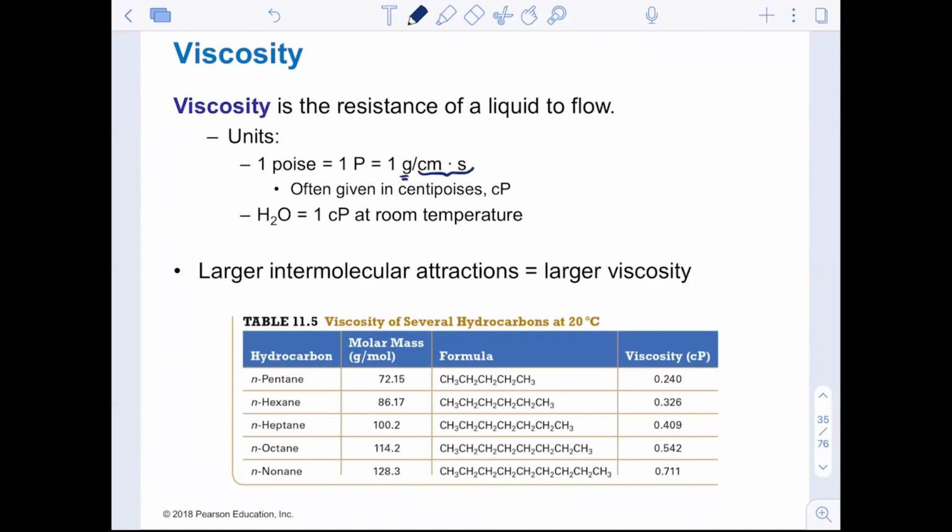So just pulling out some basic hydrocarbons, these have dispersion forces only, right? So we're comparing like things. We're not comparing apples to kiwis. We're comparing apples to apples. When we increase the surface area, we have more intermolecular forces, right? Nonane down here at the bottom has a higher molar mass. It's a longer structure.